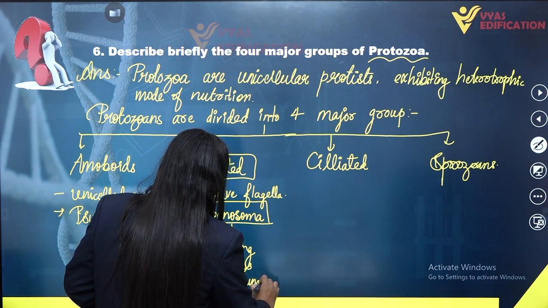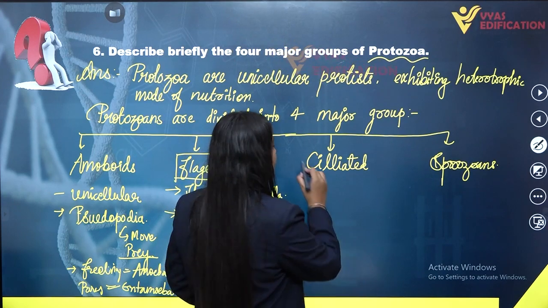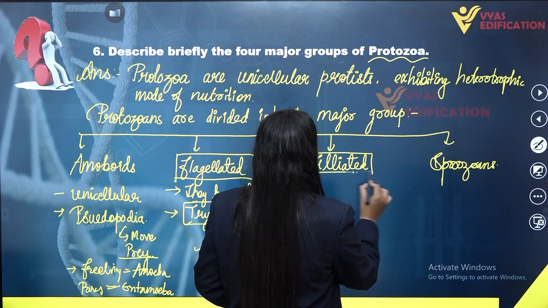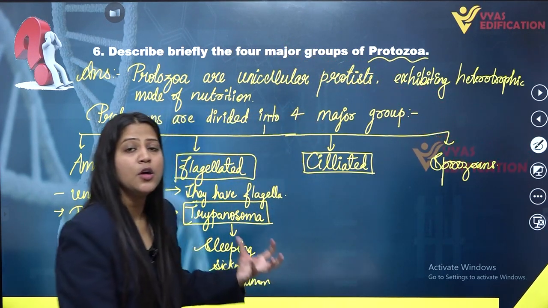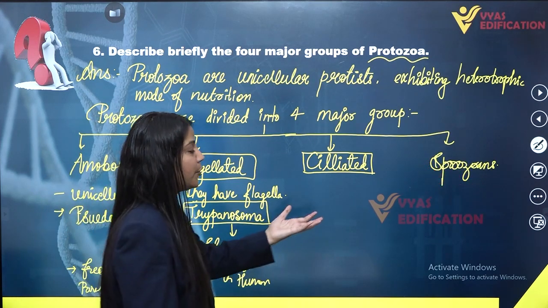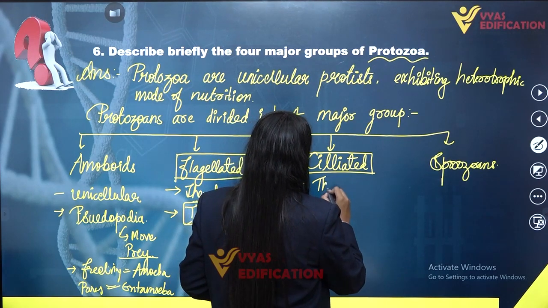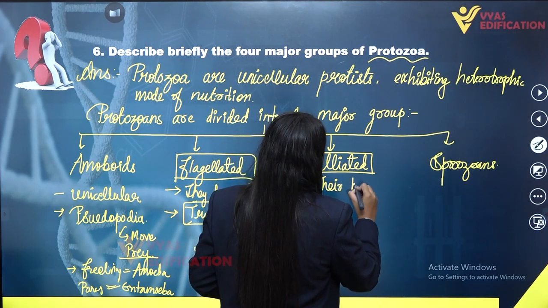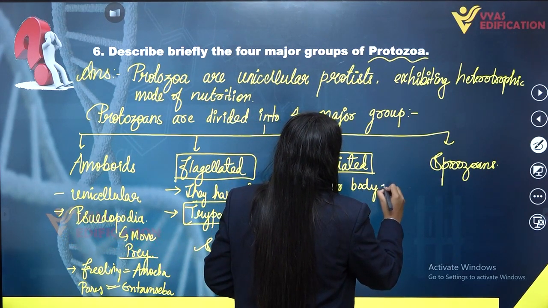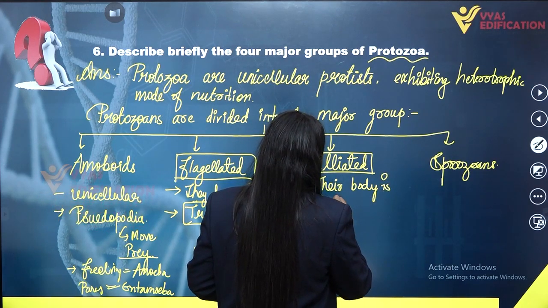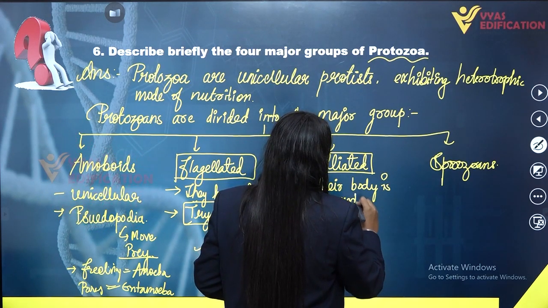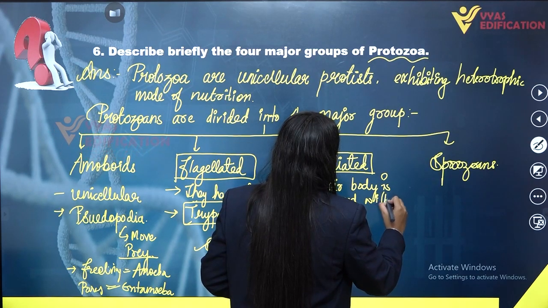The next category we have is ciliated protozoan, and in this all the organisms having numerous cilia are included in the category of ciliated protozoans. So their body is covered with numerous cilia.